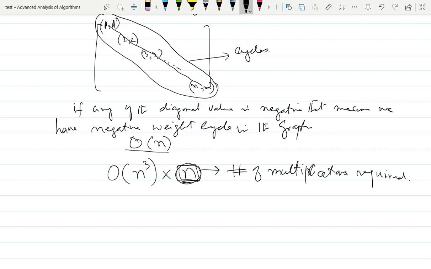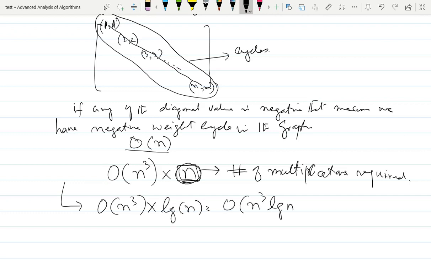So with this new hack, my new time complexity will be big O of n cube log n, which is of course better than n raised to power 4. So we have improved our previous case a bit. That means we have reduced n4 to n cube log n.